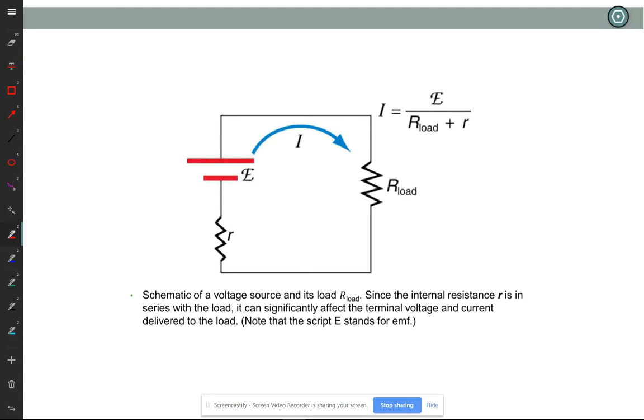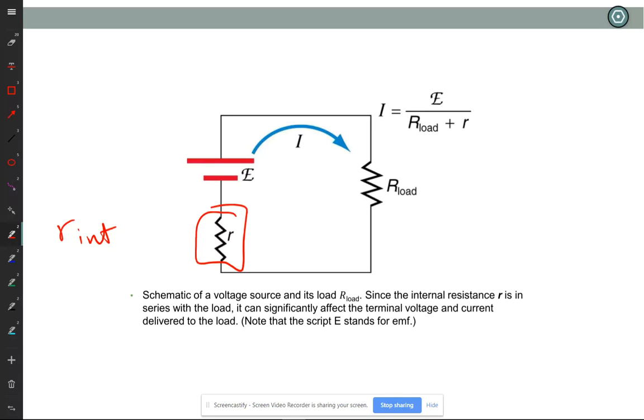Last topic before we do something useful. Internal resistance. Remember from last class period, at the very end of class, I talked about the lead-acid battery and talked about you have a chemical reaction. As soon as you use it, the chemical reaction has to start up and your voltage will drop a little bit because the chemical reaction is now operating, trying to regain equilibrium.